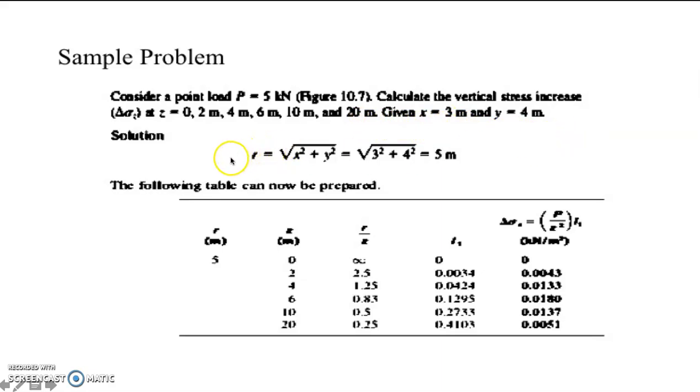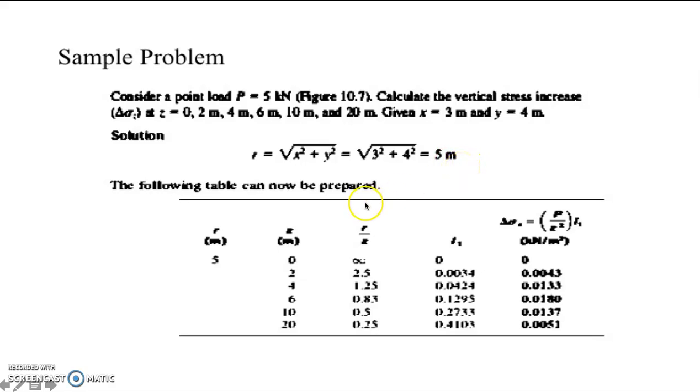For this problem, we're going to get the value for r, small letter r, so that we can have the ratio of r over z. Simply use the Pythagorean theorem, substitute your x and y, and you have the value for r, which is 5 meters.